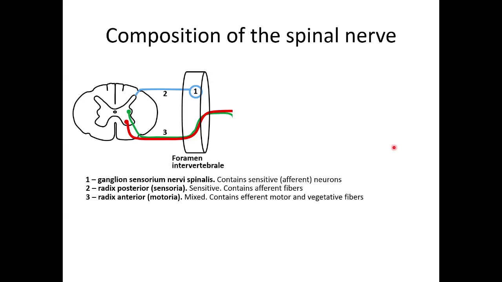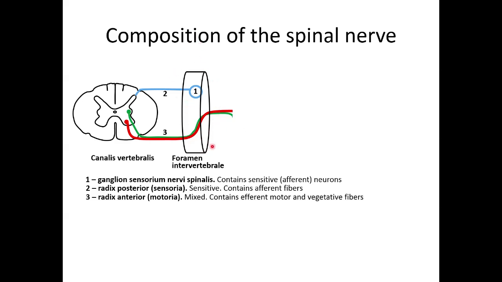Now we can draw foramen intervertebrale. We can say that it's a bony canal through which nerve fibers leave the spinal canal, canalis spinalis, and become peripherally located.